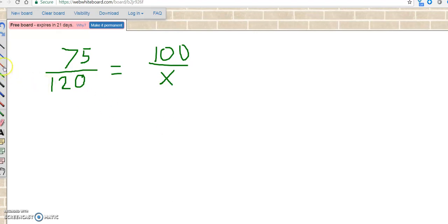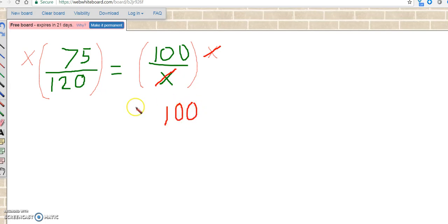So the first thing that we're going to do is multiply both sides by x, okay? That makes students very uncomfortable. I'm not sure why, but it does. What ends up happening when we multiply each side by x is this x will cancel out, as will this one, and it will leave us with the 100 on this side, okay?